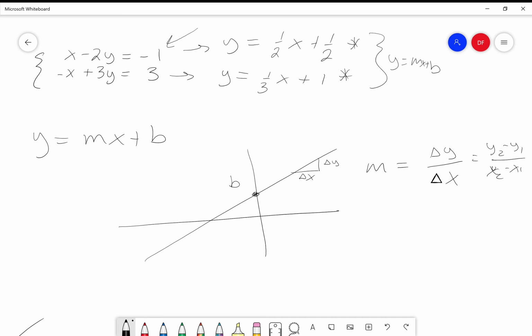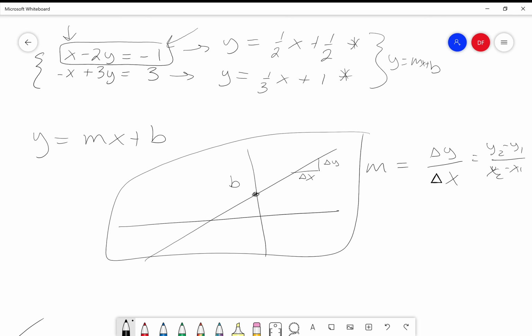So if I ask you what the shape of this equation is, you should say the shape is a line. And you should know how to graph this line as well.